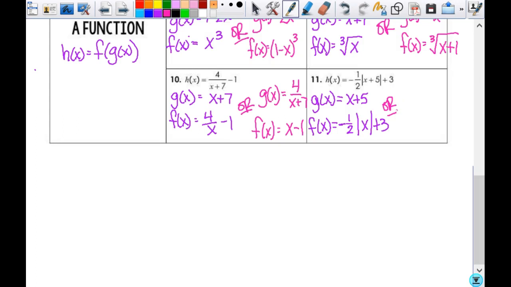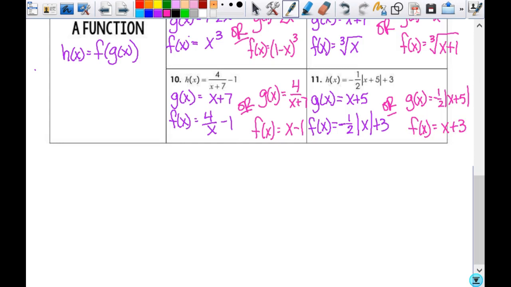Okay, good. All right, so instead, what could be a different g of x? Any ideas? Could I take this whole first term and make that negative 1/2 times the absolute value of x plus 5? If that's my g of x, could I do that? If I did that, then f of x would have to be what? X plus 3.